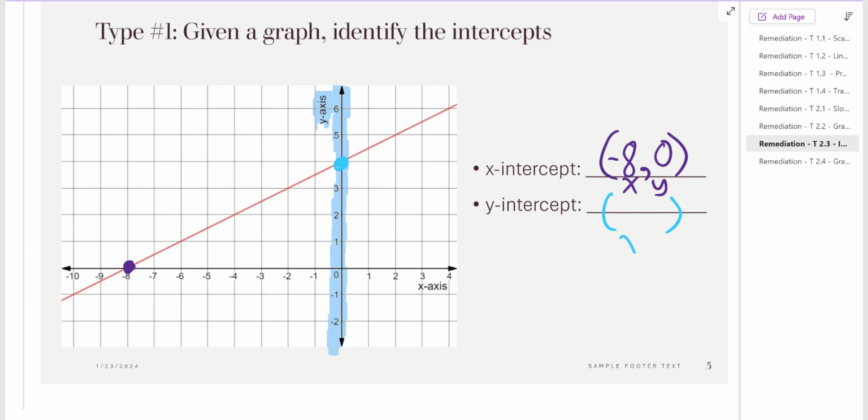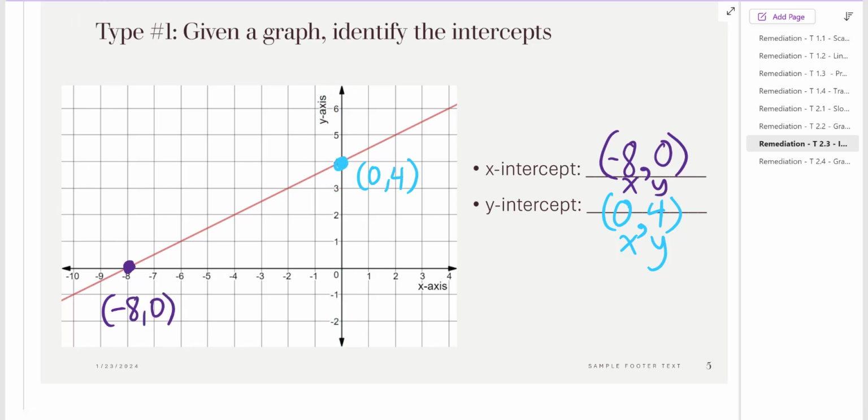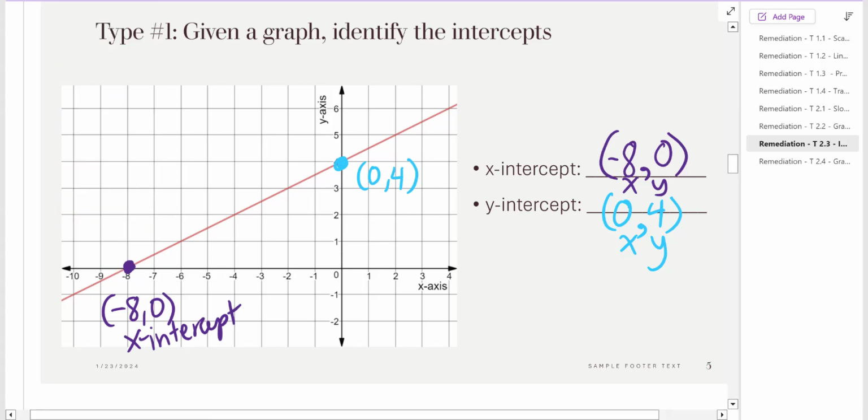So how do we write that as a point? Y is 4, so x is 0. All right, and that is how you identify the x-intercept and then the y-intercept of a graph.